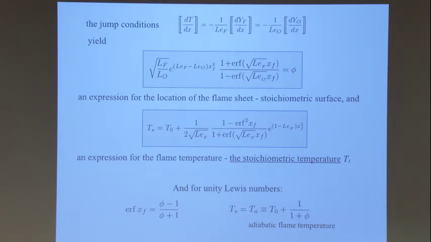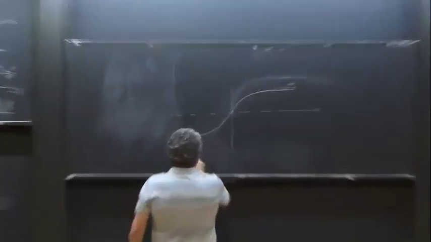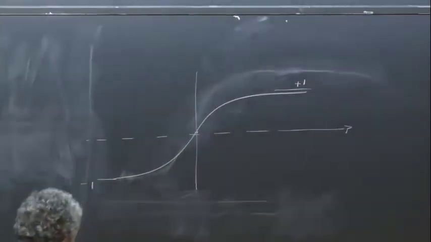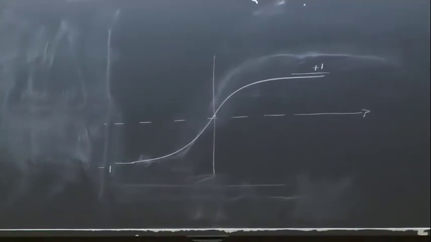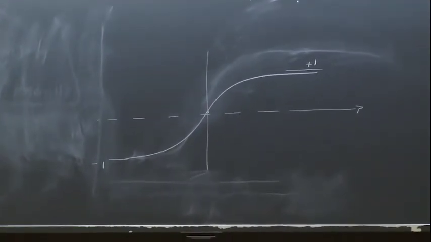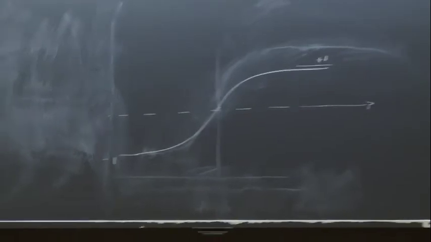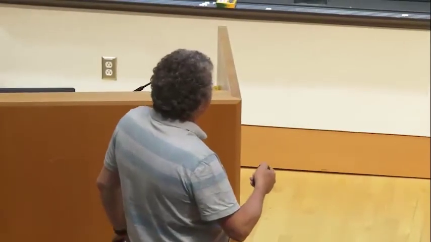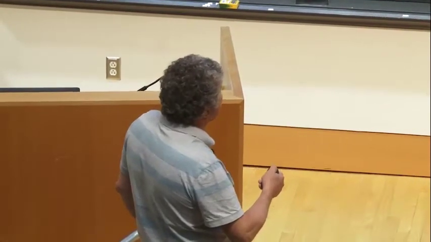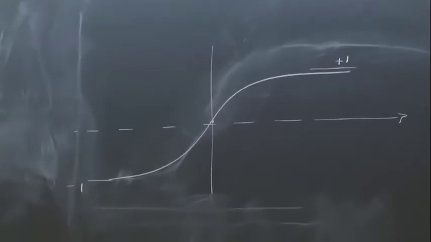So if you want, the axis is here. And so when phi equals 1, which means that the mixture strength is exactly 1, it's like the stoichiometric ratio, then xf is exactly at 0, right? Because the error function of 0 is 0.